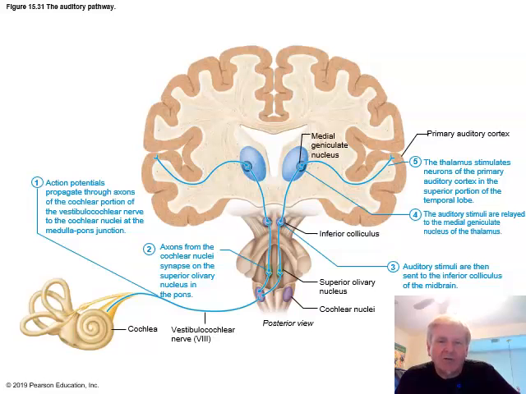It's relayed. Then the 5th order neurons: the thalamus stimulates neurons of the primary auditory cortex in the superior portion of the temporal lobe, and that's where the sensation is basically received.